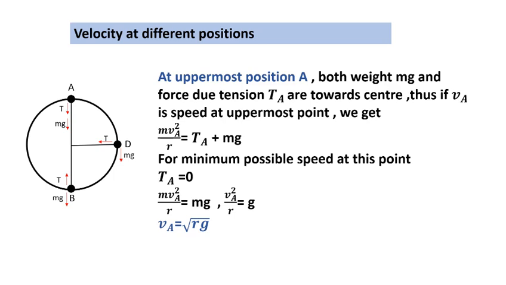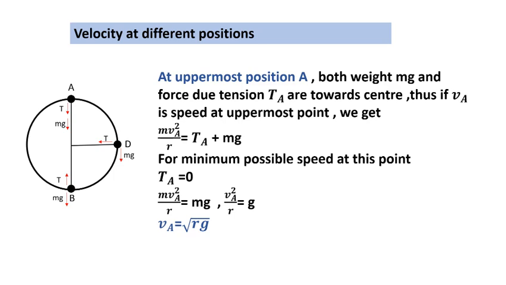Then substituting this value, mVA square upon r is equal to mg, or VA, the velocity at the topmost position, is equal to root of rg.